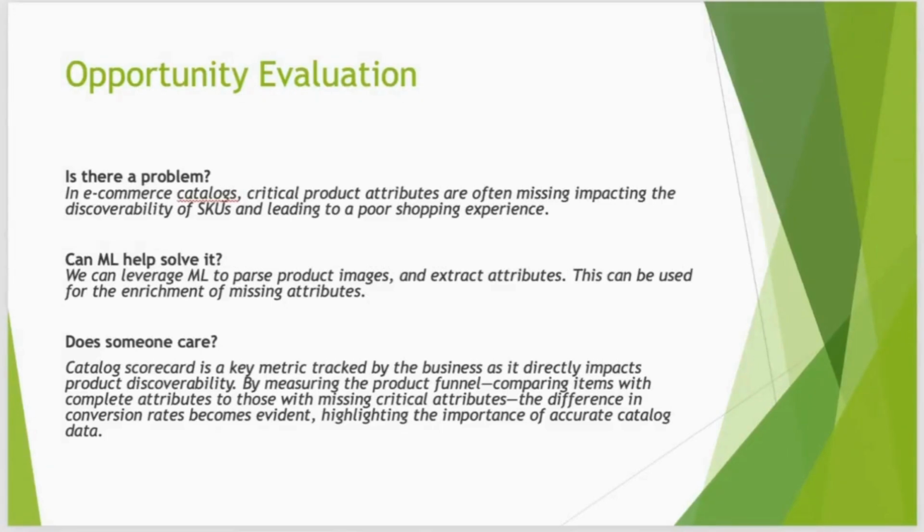Does someone care? Well, catalog scorecard is a critical metric for the business unit as it directly impacts the conversion rate. It is often found that the product funnel is better for SKUs where we have more number of attributes defined versus SKUs where some of the attributes are missing.